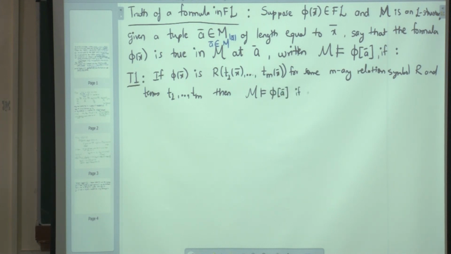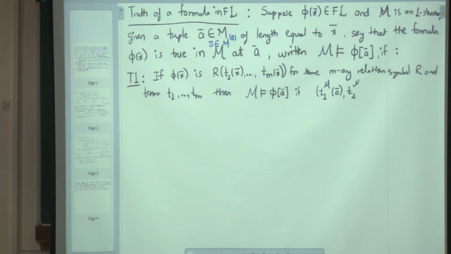if, and this is a definition, so that's why I am not using if and only if, I am just using if. Now T1 is a term, we know how to interpret T1 in M, how to evaluate it. It is a function and we are evaluating that function at A bar.